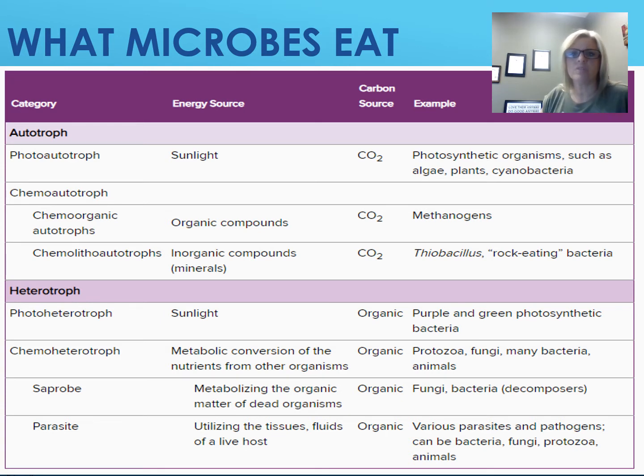Those lithotrophs are going to, again, like I said, rely solely on minerals and compounds that they can get. They do not need sunlight or organic nutrients. Litho means stone, okay? They also get their electrons from inorganic substrates like hydrogen gas, hydrogen sulfide gas, sulfur, iron, and then they can combine those with carbon dioxide and hydrogen, okay? And so we're going to look at these in a little bit more detail.